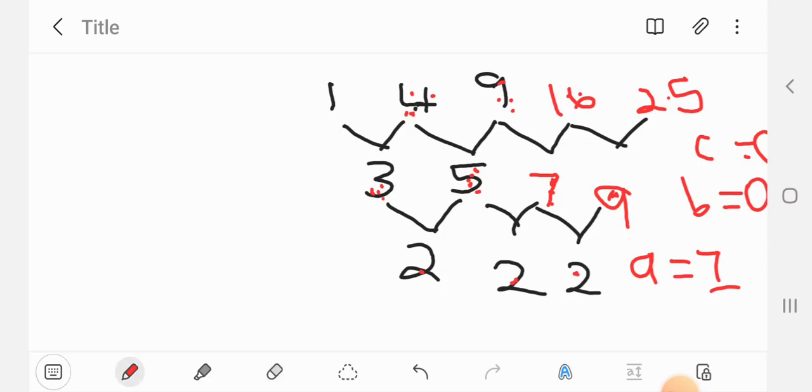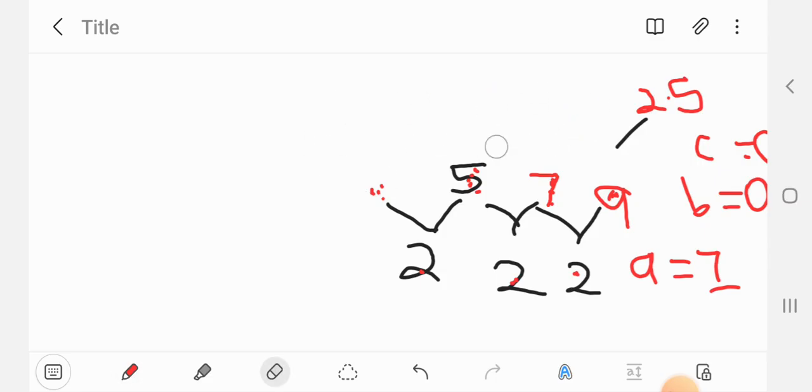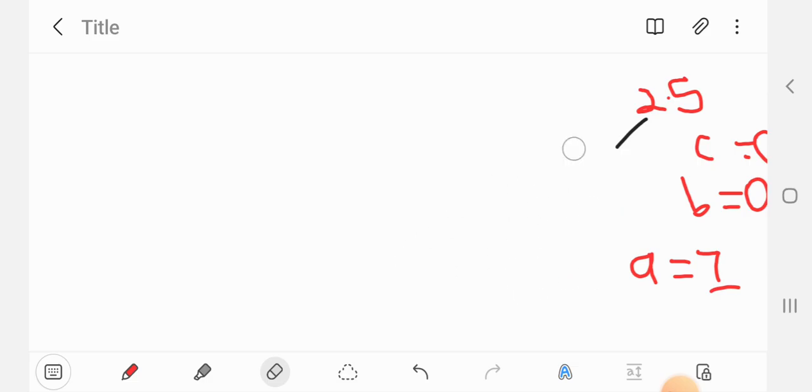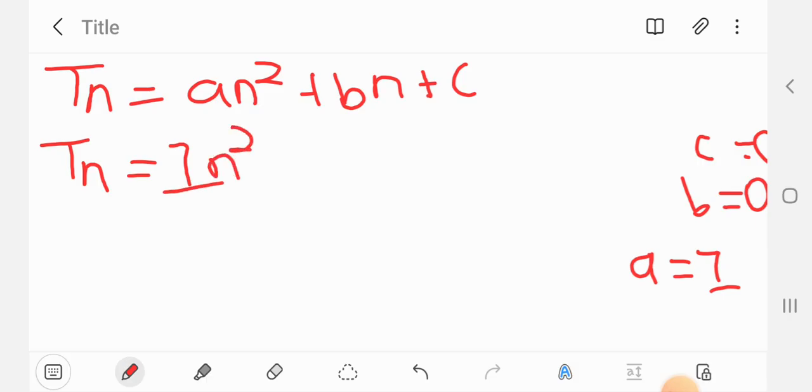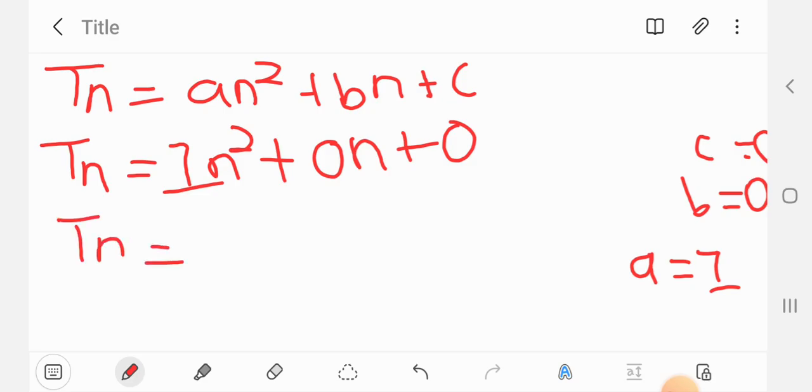And then now the formula for the nth term for this type of pattern is that Tn equals to an squared plus bn plus c. Okay, so Tn equals to a is 1 n squared plus 0n plus 0, right? So anything multiplied by 0 is 0. So we're going to have Tn equals to n squared. This n squared is still the same as having 1n squared.